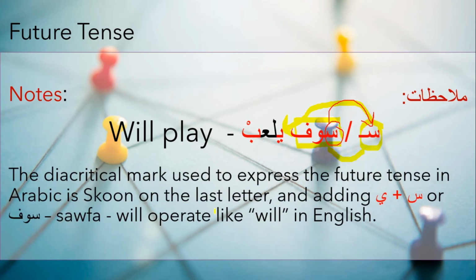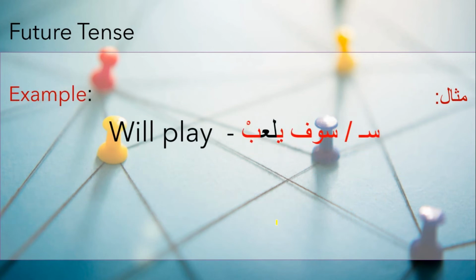I would just say سألعب. I would remove واو and فاء. The diacritical mark we use for the future tense is سكون again. We add seen to the verb to have the same expression for the future tense, or سوف. So whenever you want to use سوف, or if you want to use seen, it's up to you. It's just in case you want to deliver your information fast, you would just say سوف or sa.